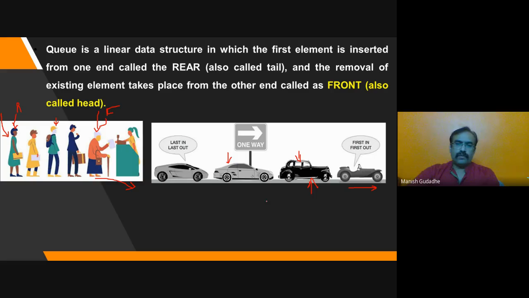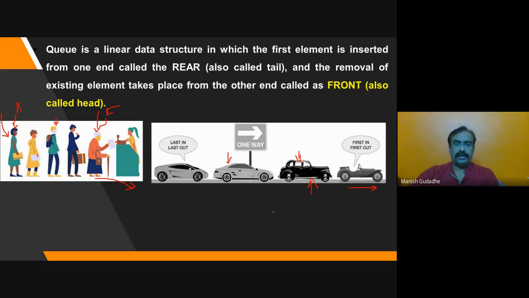Similarly, we can now formalize it as first in, first out. In stack we had last in, first out. The element which is put last will be taken out first in stack. Whereas in queue, the element which comes in first will be taken out first. So first in, first out, or last in, last out. The element which is put last will exit the queue last.